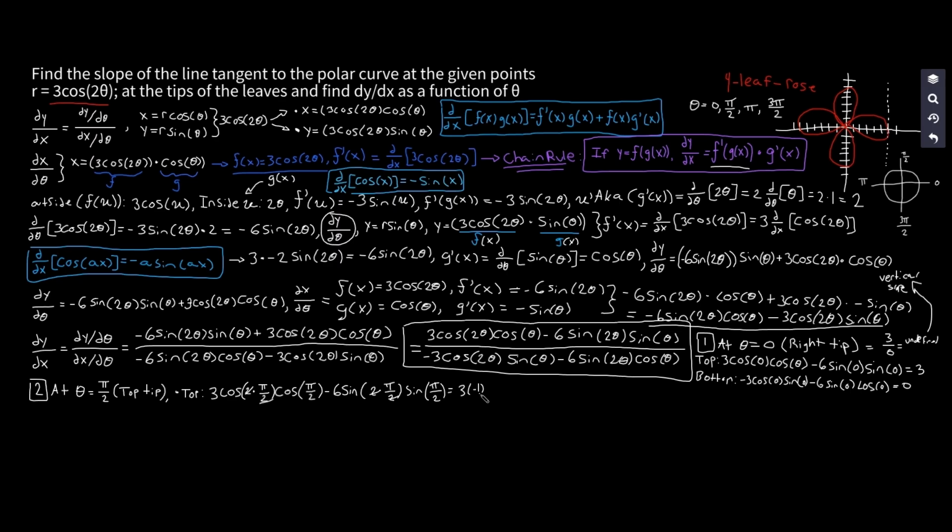So it's literally going to be 3 times -1 times 0 minus 6 times 0, since the sine of pi is 0, and then sine of pi over 2 is 1.